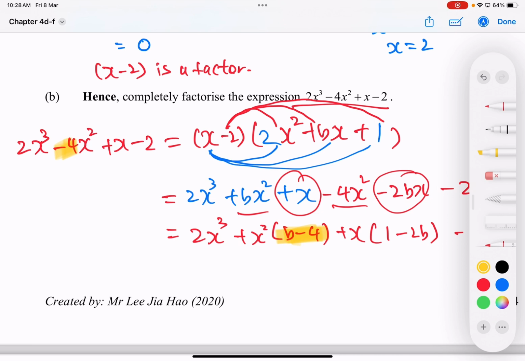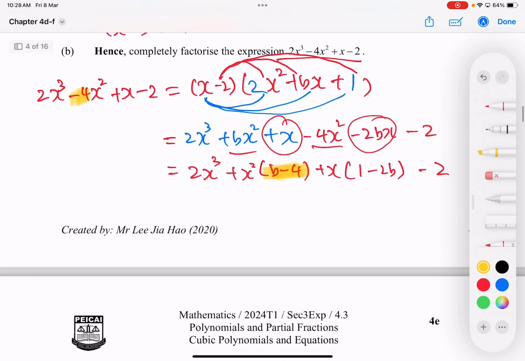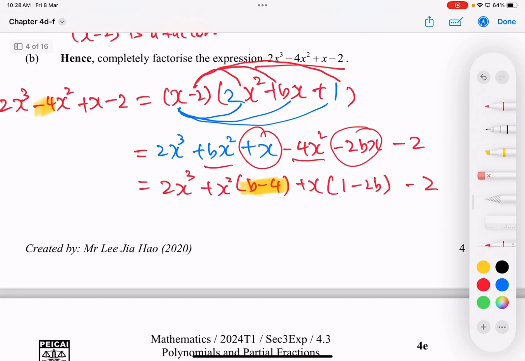Actually, you just need to look at this. b equals 0. You've got an answer already. This method is just comparing coefficients. You don't really need to look at the other one. So b is equal to 0.